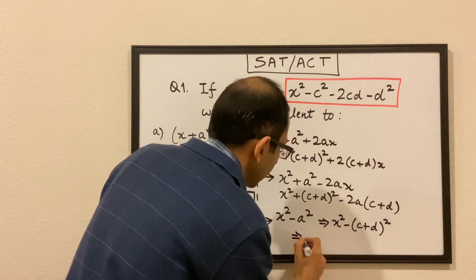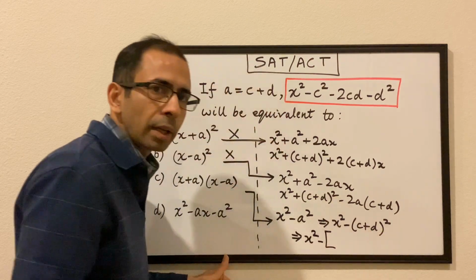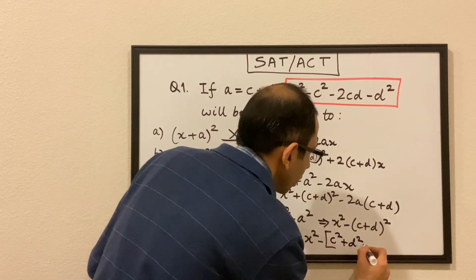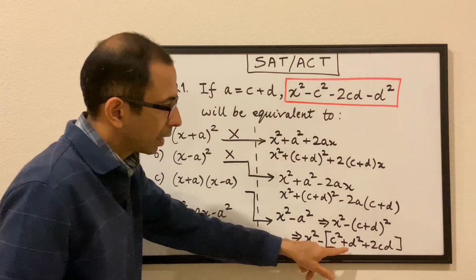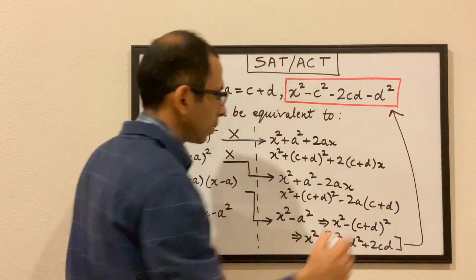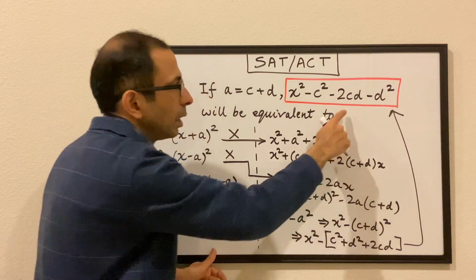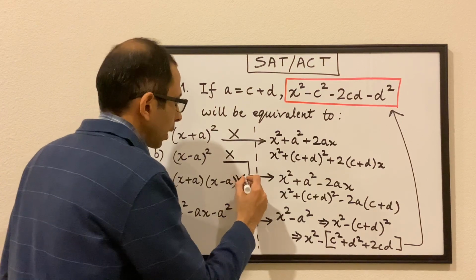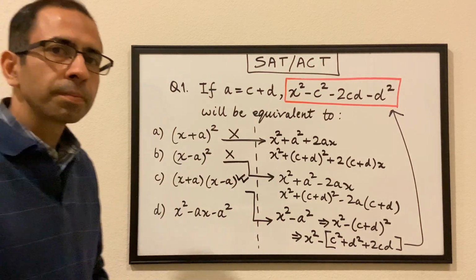And when we expand this, c plus d whole square is c square plus d square plus 2cd, correct? And when we expand this negative sign, we will get this back: x square minus c square minus d square minus 2cd, which is the expression they were talking about, hence C is the right answer. We don't even need to go back to D because C is the right answer.